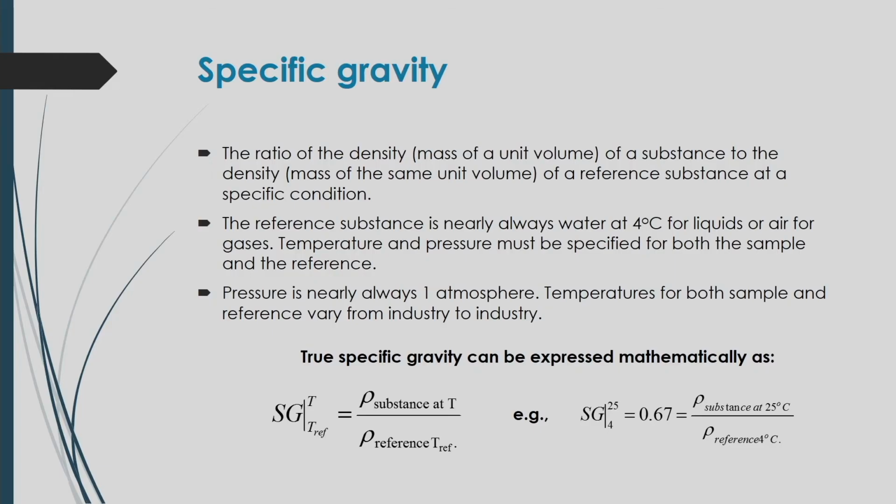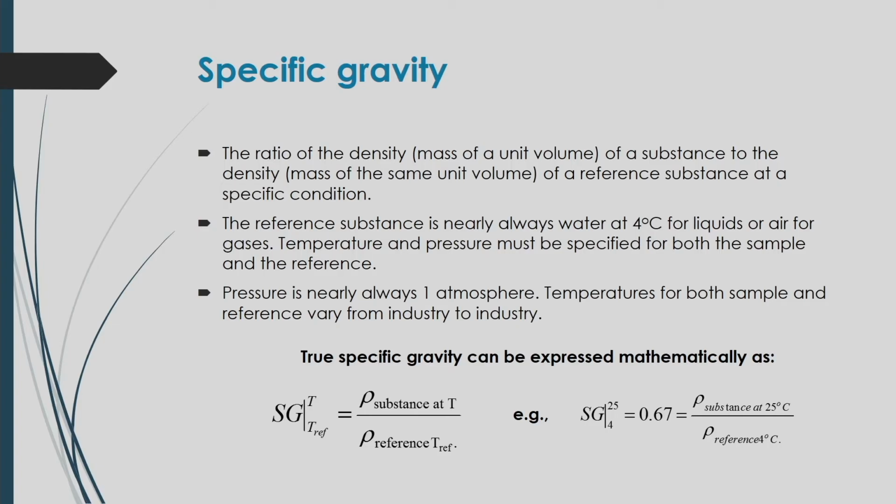Now, another important variable for process calculation is called specific gravity. This is defined as the ratio of the density, that is the mass of a unit volume of a substance, to the density, that is the mass of the same unit volume of a reference substance at a specific condition.